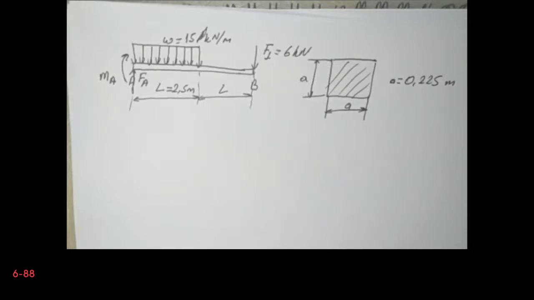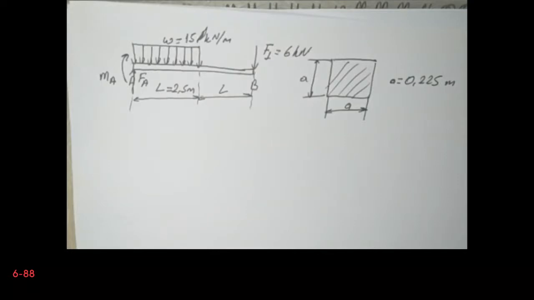We are asked for the absolute maximum bending stress. Therefore, we need to determine the point at which the bending moment is maximum. So we need to draw the moment diagram first.